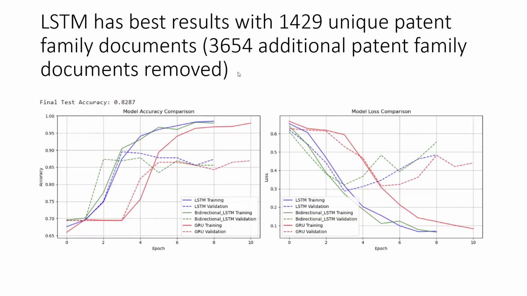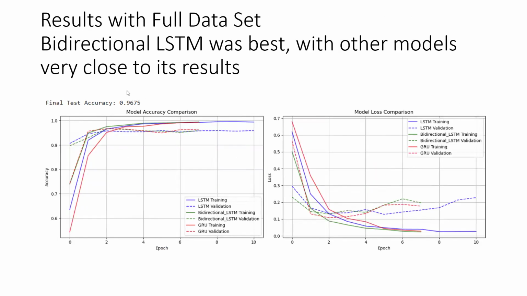All right, I decided to take another look at why. Well, let me talk about final test accuracy. My final test accuracy for the best model, which was bidirectional LSTM in this case, was 0.9675. That's a very high accuracy.